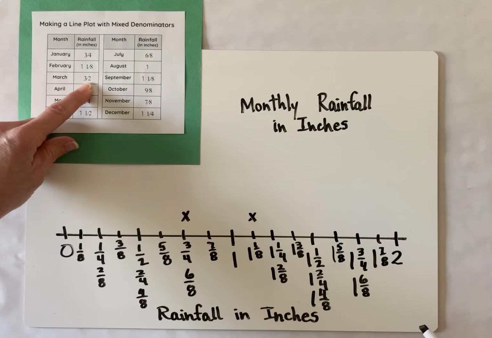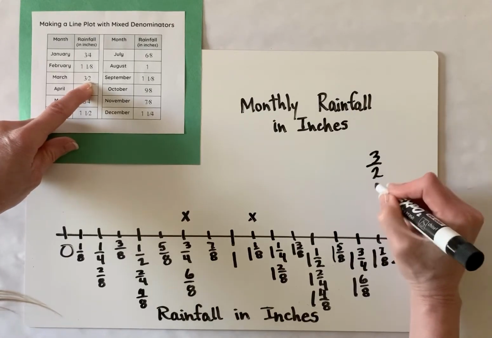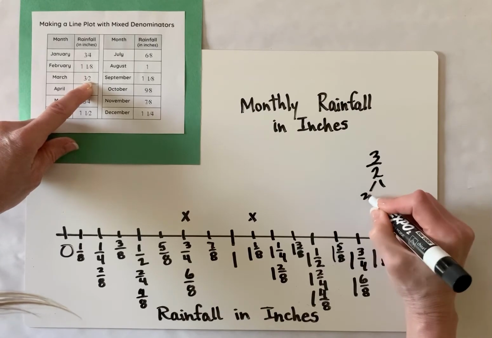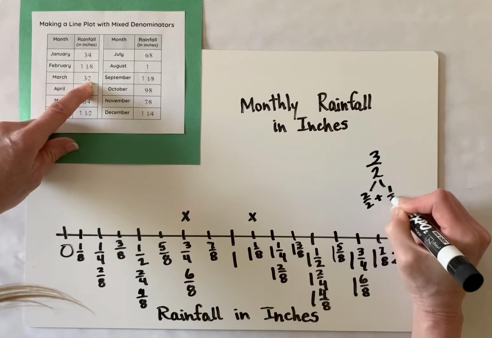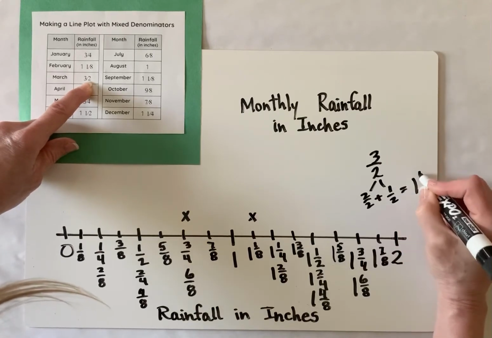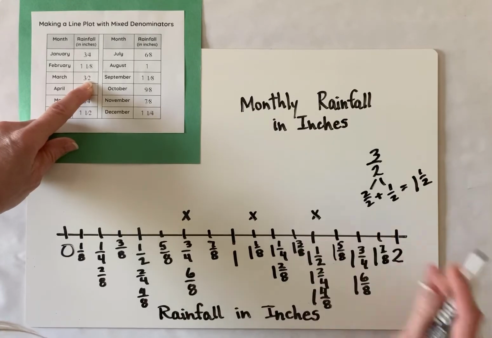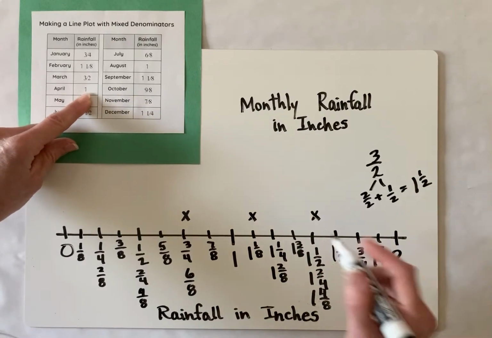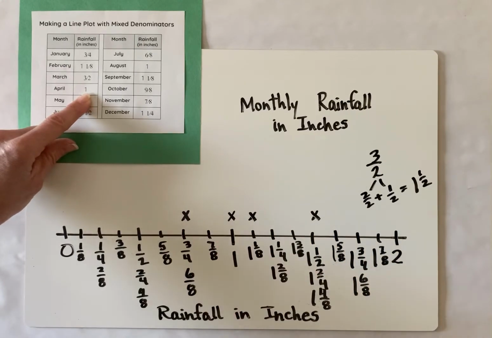What is 3/2 equal to? 3/2 is equal to 2/2 plus 1/2, which is equal to 1 1/2. So I need to make a mark here. I need to make a mark for April at 1 inch of rainfall.